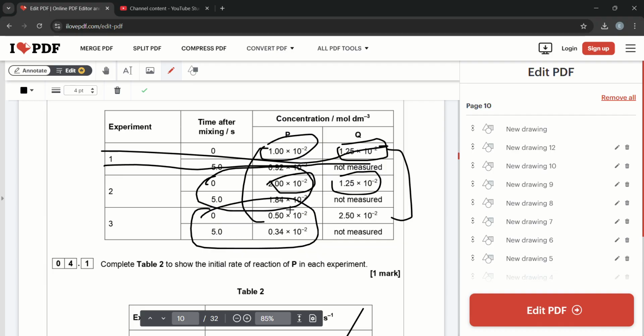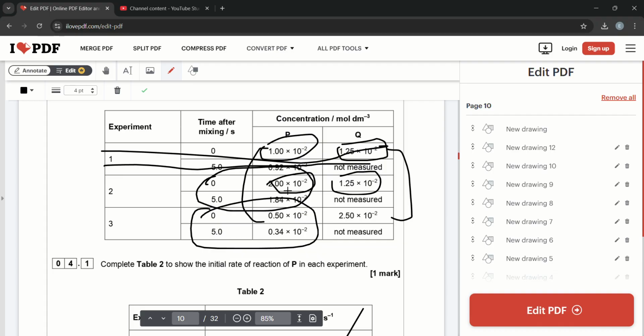1.0 times 10 to the power minus 2 times by half, you get 0.50 times 10 to the power minus 2 divided by 1.0 times 10 to the power minus 2, 0.50 divided by 1.00 is a half. So 1.0 times 10 to the power minus 2 times half, yeah, 0.50 times 10 to the power minus 2.